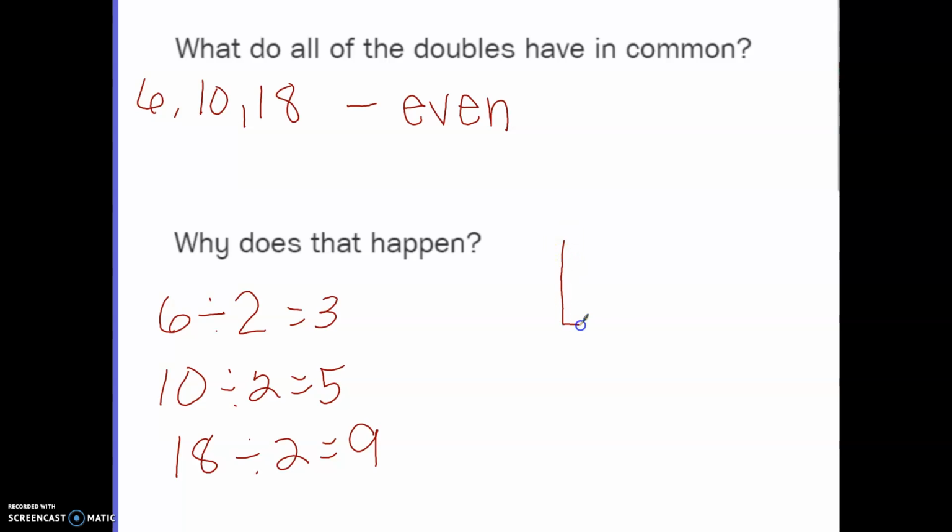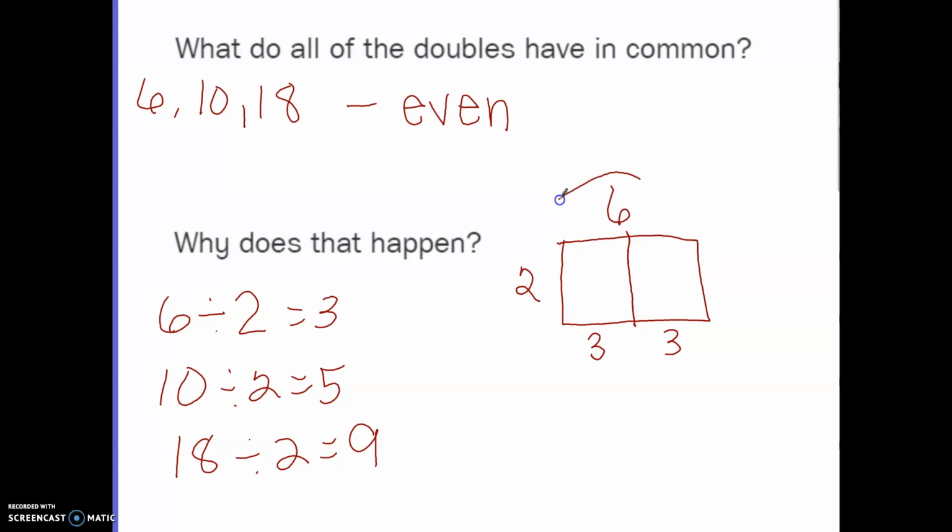Another way I can show that is if I have a rectangle and it's 6 across the top and 2 down the side. What I can do is I can separate the big side in half. And that's going to be 3, and that's going to be 3.